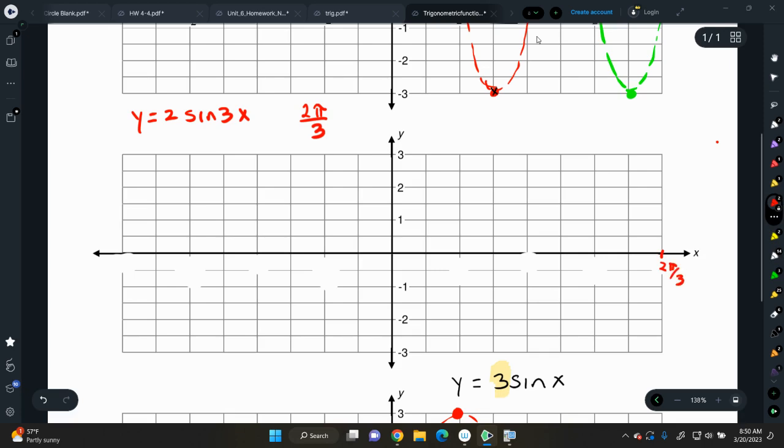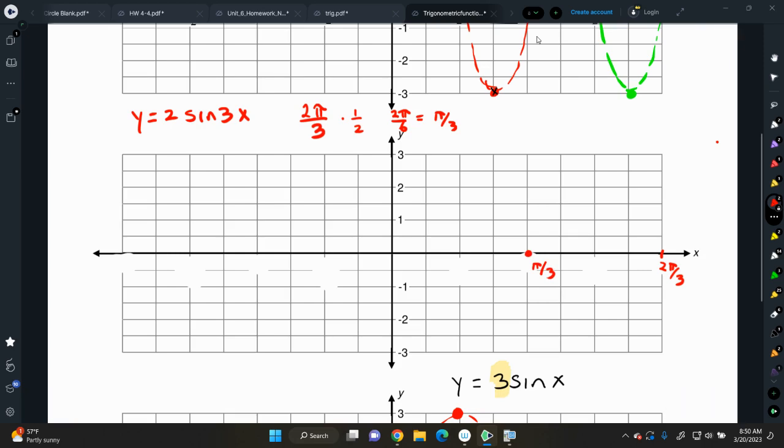Now I have to figure out my mark. So I need to go halfway. So I'm going to do half of that. I'm looking at 2 pi over 6, which is pi over 3, right? So halfway, we're going to make that pi over 3.